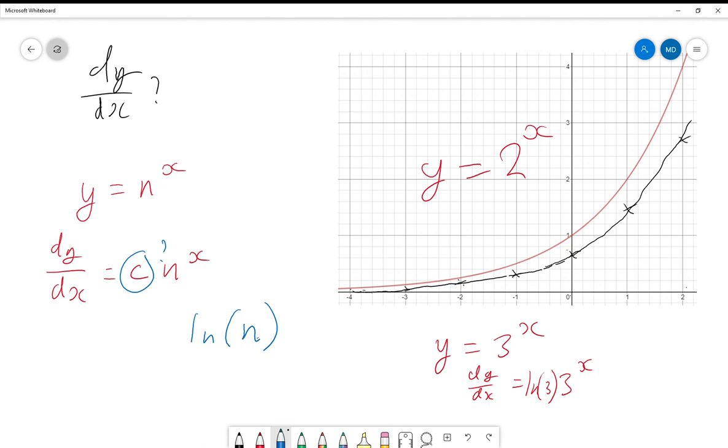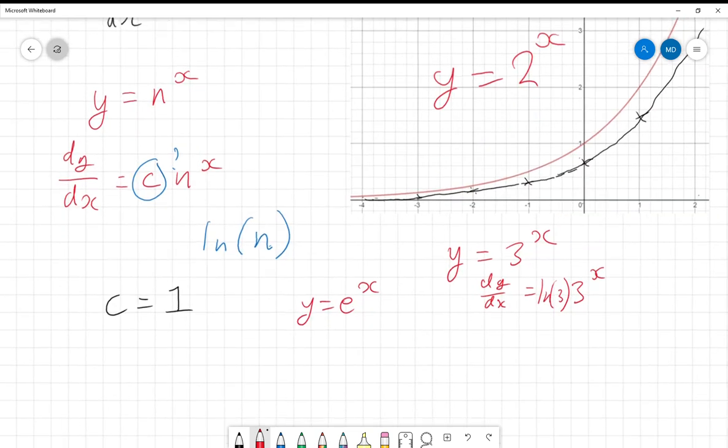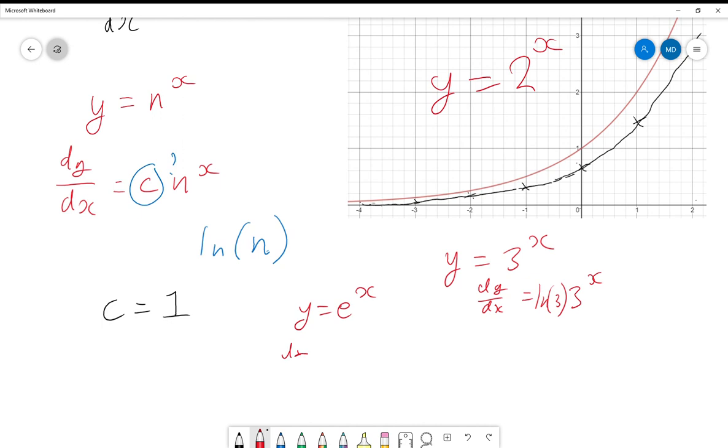There is exactly one exponential graph that differentiates to itself. Because this differentiates to a multiple, there's exactly one where this c is equal to 1. And that is what we call our natural exponential. It's written as y equals e to the x. And if we have y equals e to the x, then dy by dx is equal to e to the x still.